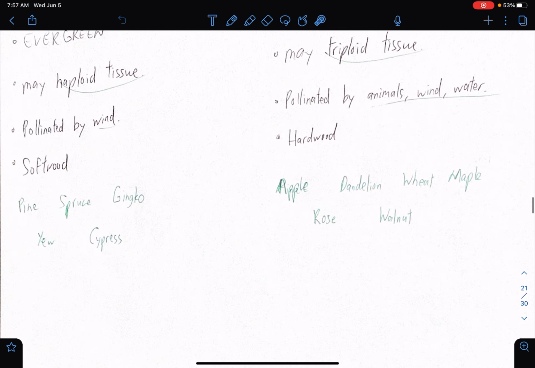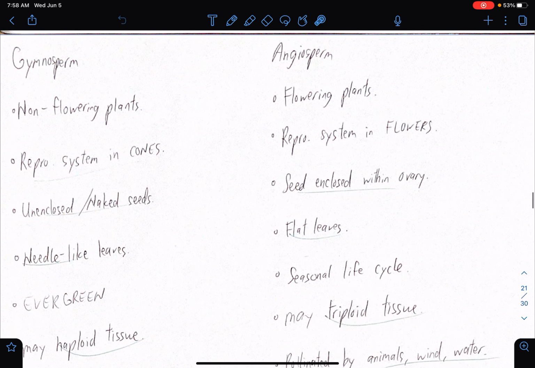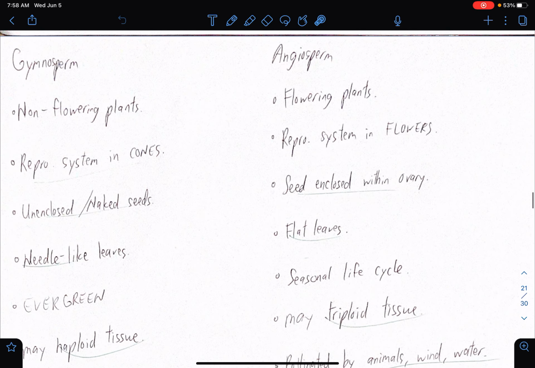I'm not sure why it's like that, because from how I understand it, if we have trees under gymnosperms, then isn't it supposed to be that the trees here are durable? But I'm not sure why they're softwood, but I won't question the data. I know these are true.